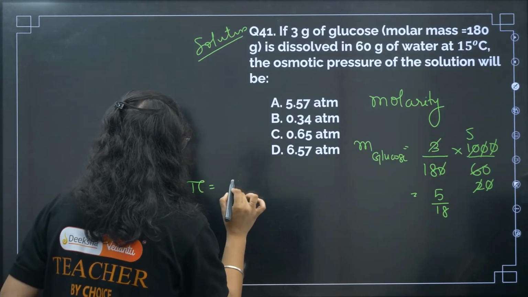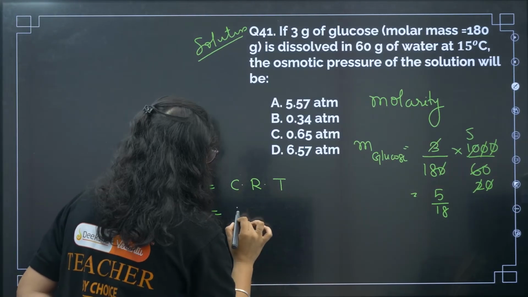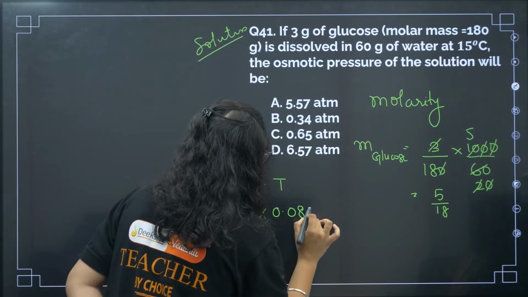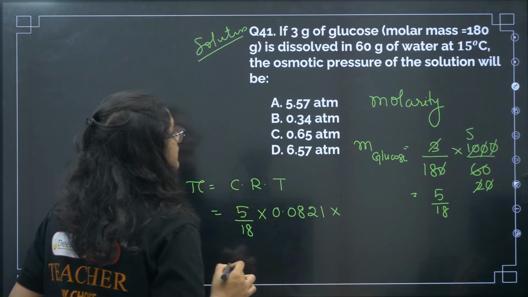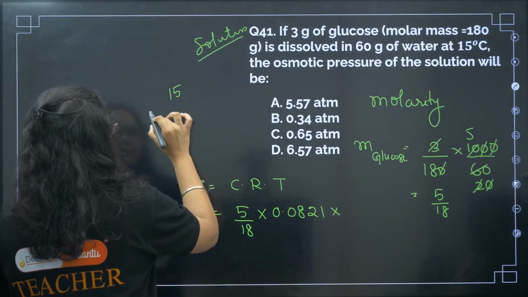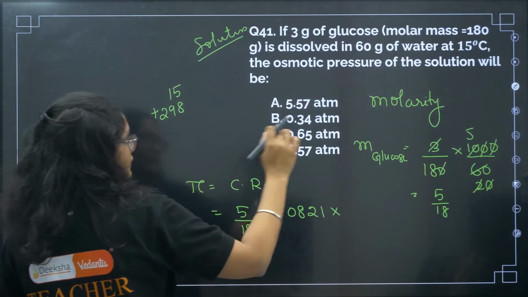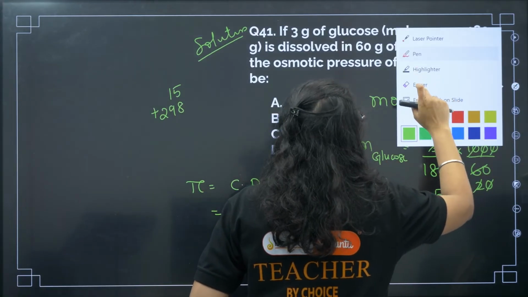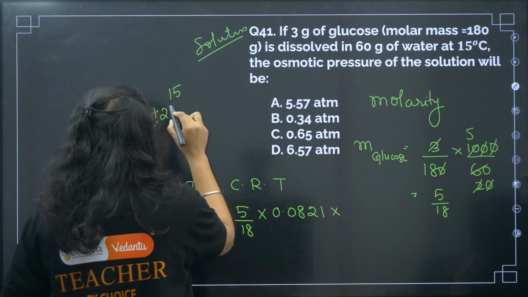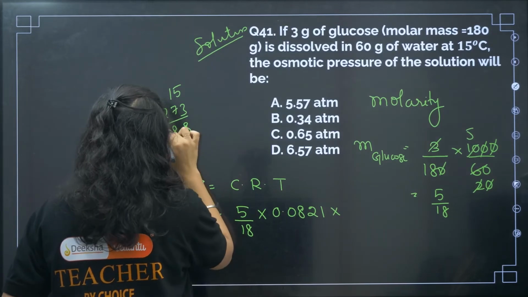Osmotic pressure is equal to C into R into T. So 5 by 18, and R value is 0.0821, and the temperature here is given to you as 15 degrees Celsius. So 15 plus 273, which gives 288 Kelvin.